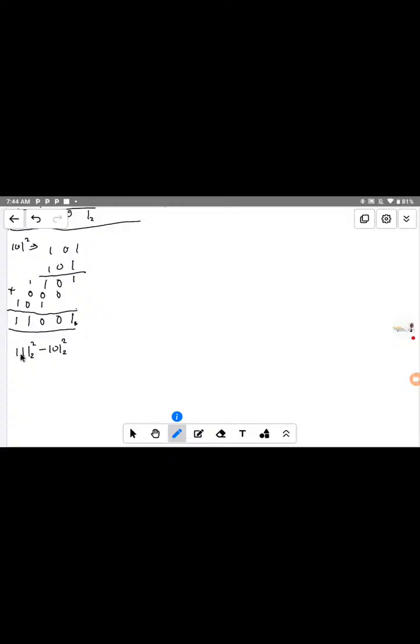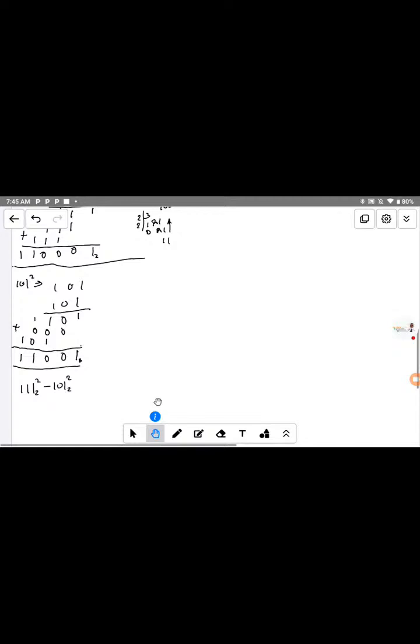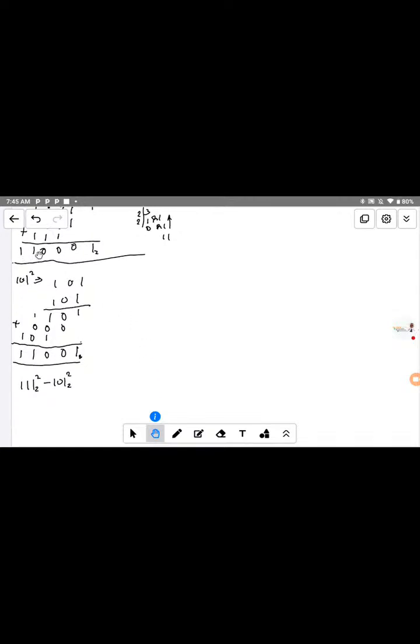Now for this 1 in base 2, it gives us 11001. That is what it gives us. So instead of writing this, we replace it by this.